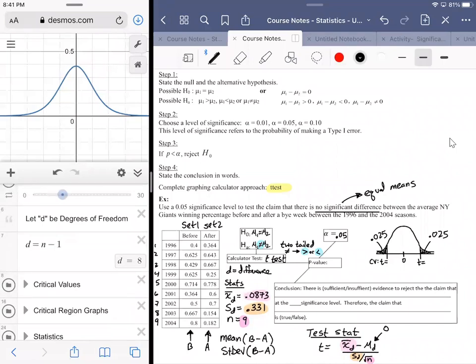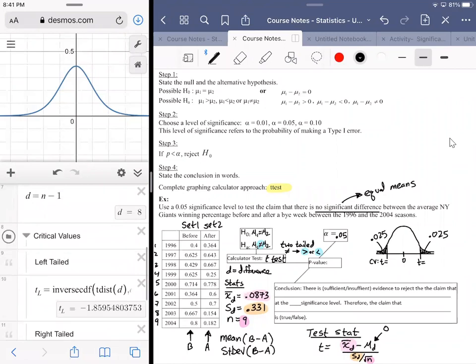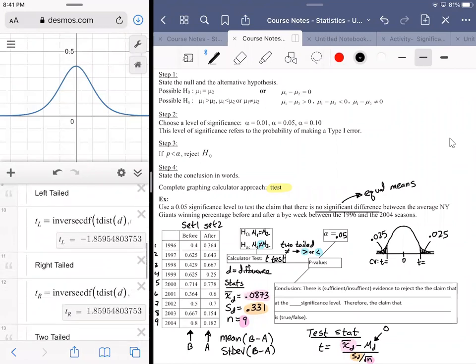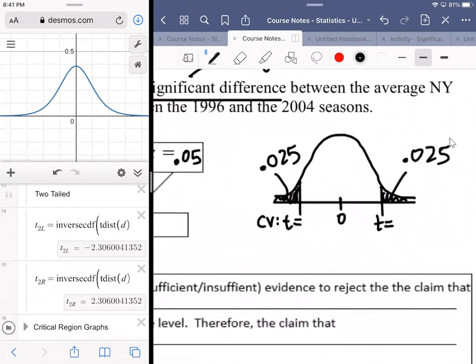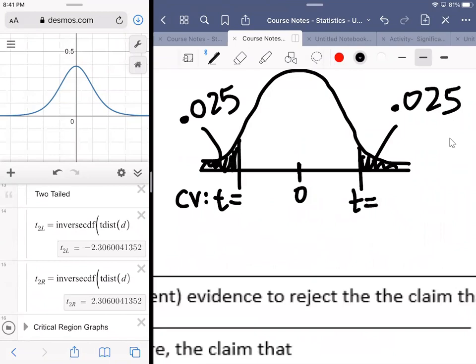That's great. That's wonderful news. Critical values, because it's a two-tailed test. Ignore left-tailed, ignore right-tailed, go to two-tailed. There's 2 values here. You see that they're symmetrical. One's negative, one's positive. So I'm going to put in negative 2.306, and then also a positive 2.306.